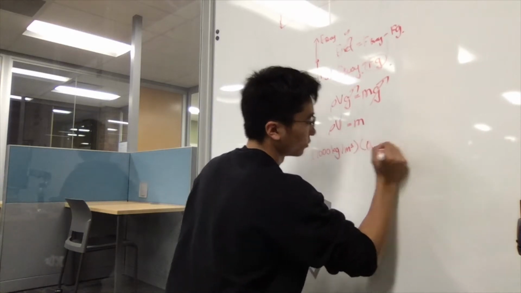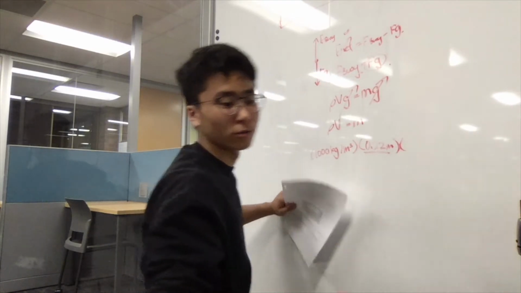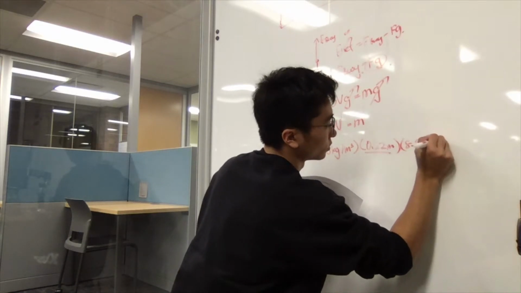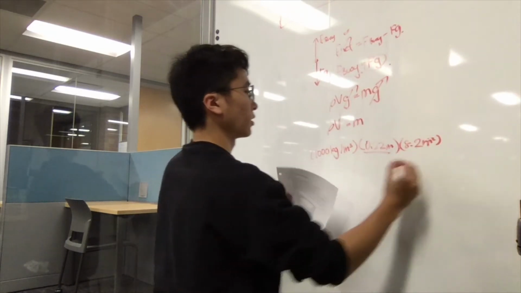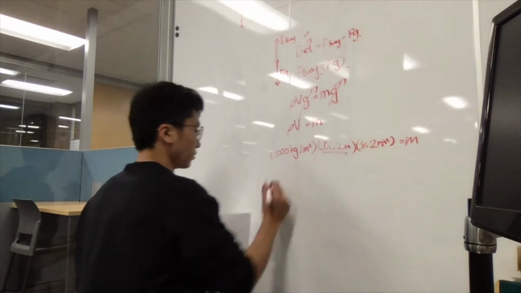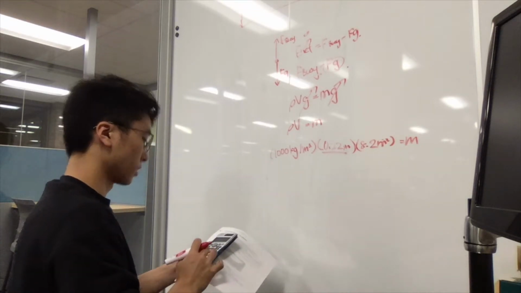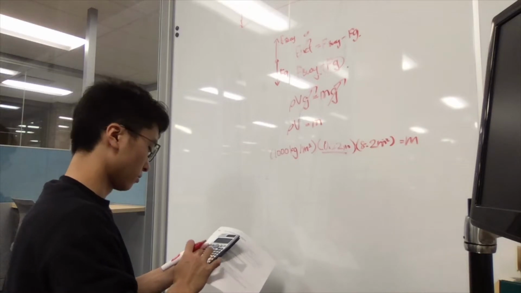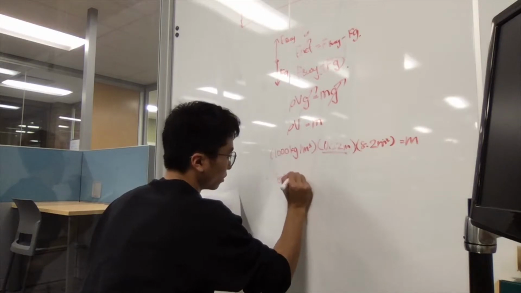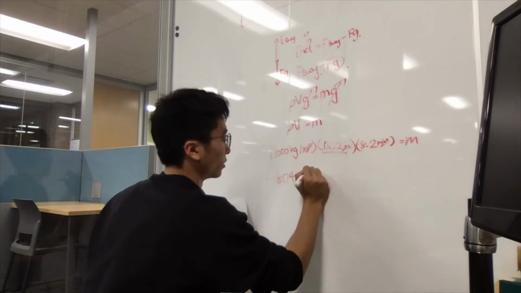We got this number in an earlier question. So times the surface area, which is 8.2 meters squared. And this goes to the mass. So we put this on the calculator. 1,000 times 0.22 times 8.2 equals 1804 kilograms, because these units cancel out, and this will be the mass.